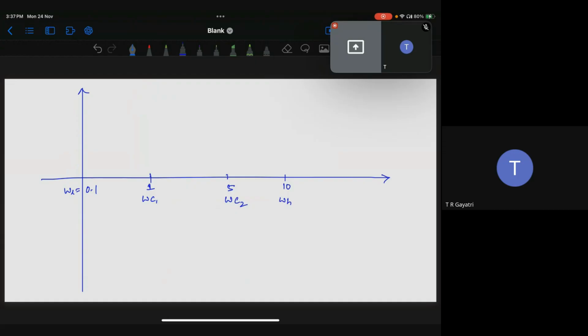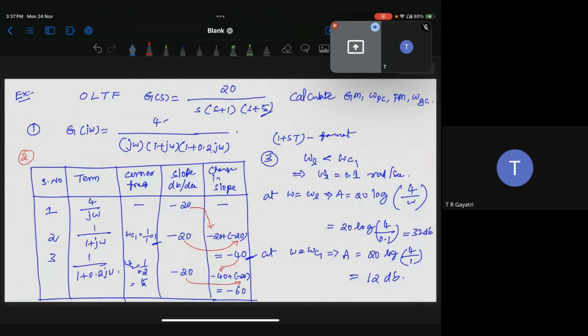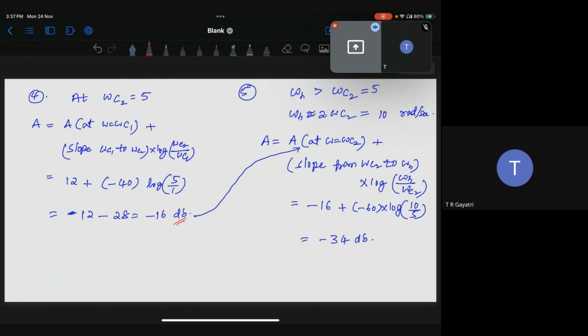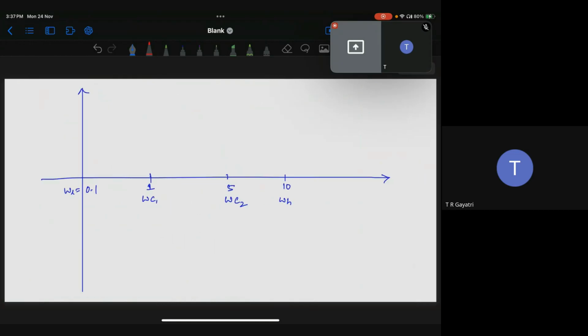Okay, so now let's identify the values. At omega L is 32, the next is 12, next is minus 16, next is minus 34. At omega L, that is 32. At omega 1, that is 12.